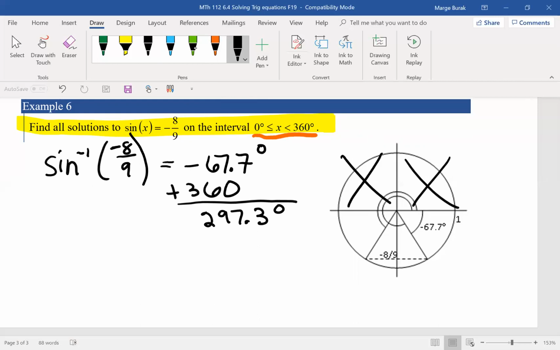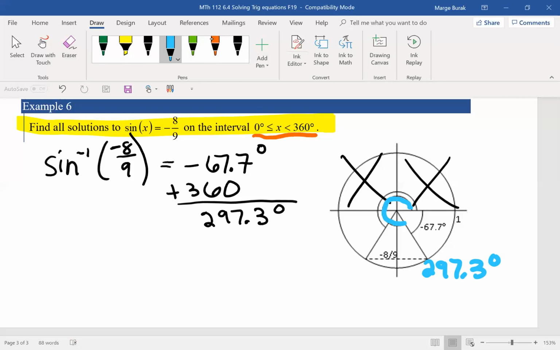So now I have to use my brain, because this one right here is, whoops, let's do this correctly. I'm going to write 297.3 degrees. That's this one. Okay. That's right in here.